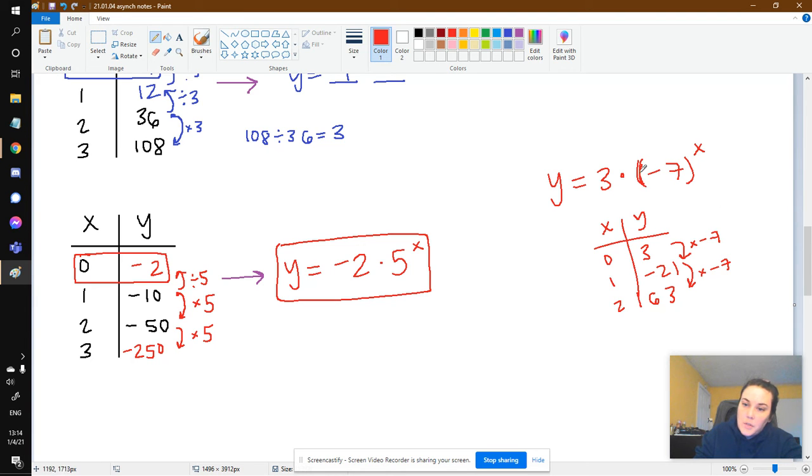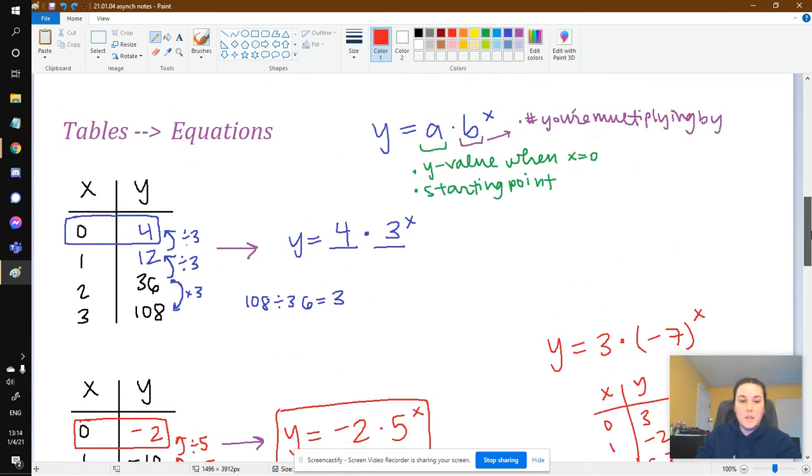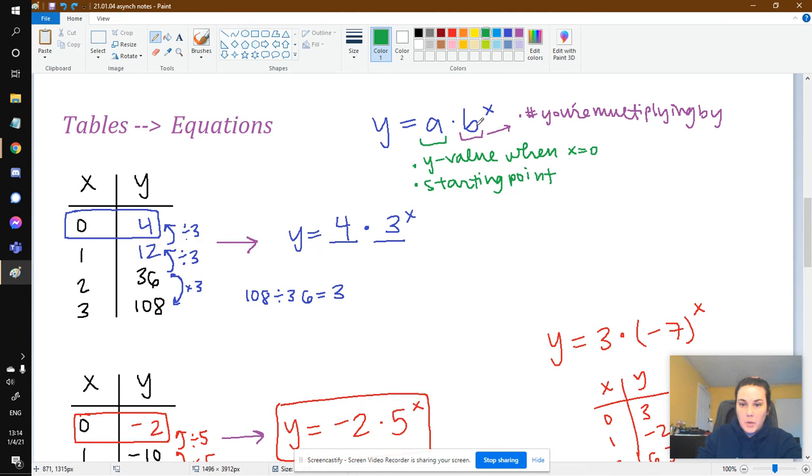We just need to put parentheses around the negative part to make sure this x is going to all of negative 7, not just the 7 part. Cool. So again, that is tables to equations. We can also call this the y-intercept, because that's what it is.